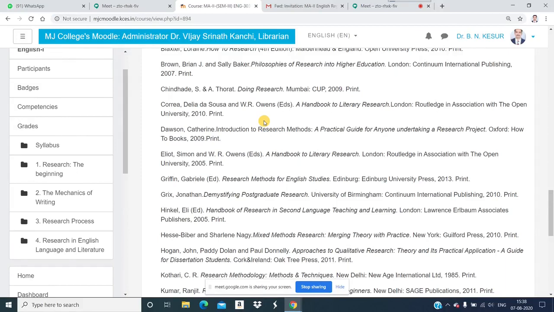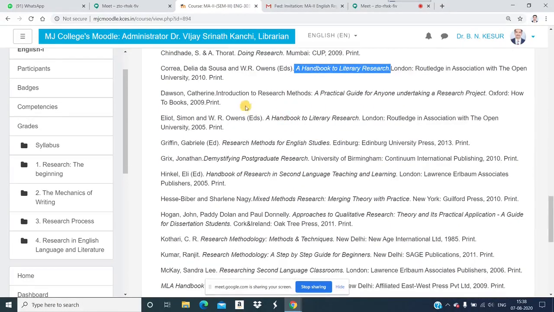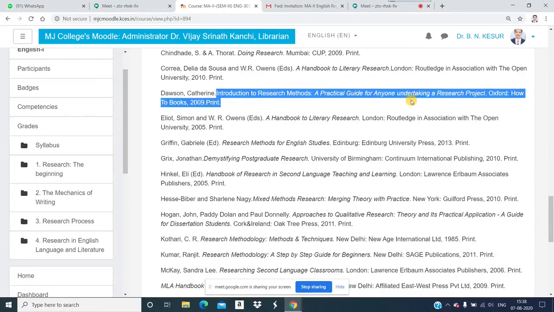Okay, then you can see A Handbook to Literary Research. The titles will give you the idea that these books are very useful for you all. Then Introduction to Research Methods, a practical guide for undertaking a research project.